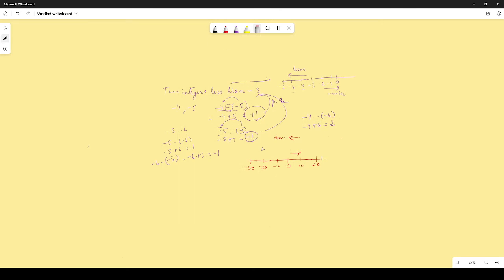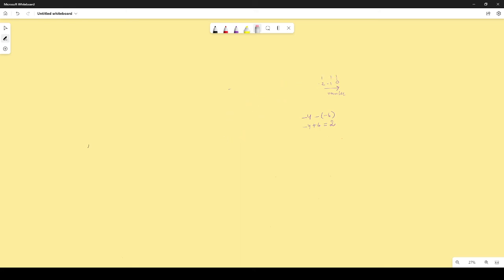So after integers, we will be doing fundamental concepts of algebraic expressions. You started with algebra in class 6, right? So we will just take up the fundamental concepts of algebra.